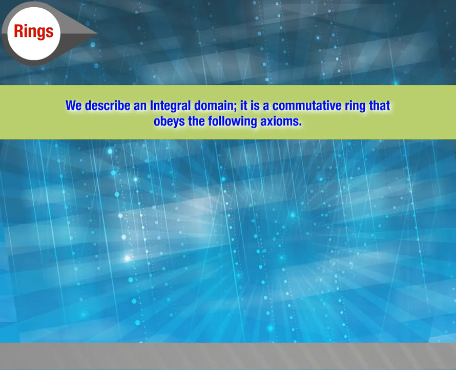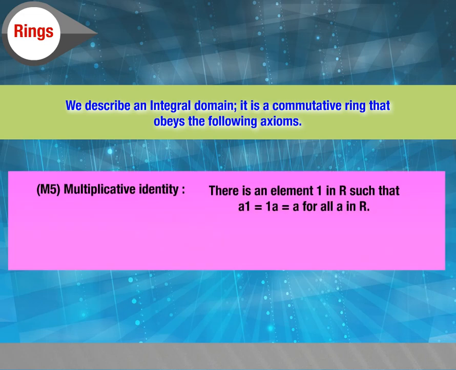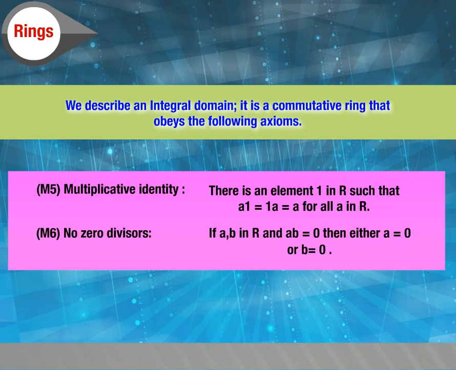We describe an integral domain. It is a commutative ring that obeys the following axioms. M5. Multiplicative identity. There is an element 1 in R such that A into 1 is equal to 1 into A is equal to A for all A in R. M6.